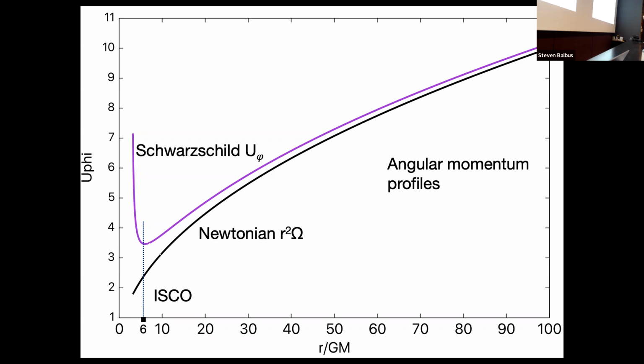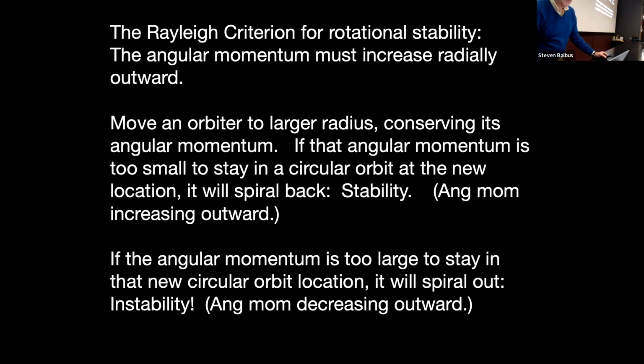Very interesting. When you're trying to understand what disks can tell you about black holes, the disk is going to have at least a different character inside the ISCO. That is the Rayleigh criterion for stability. And this is the argument that I just gave to you verbally, so we can pass on.